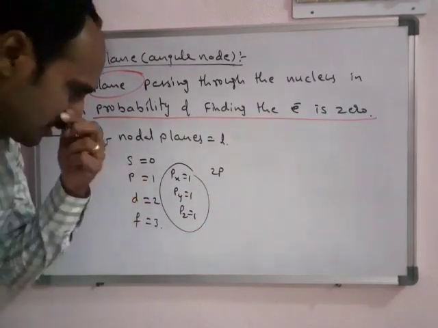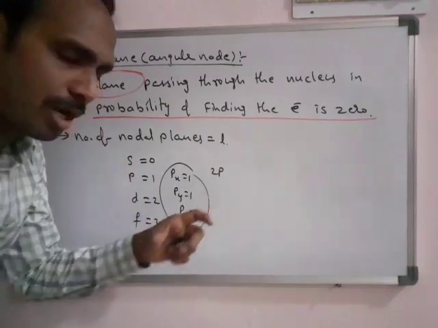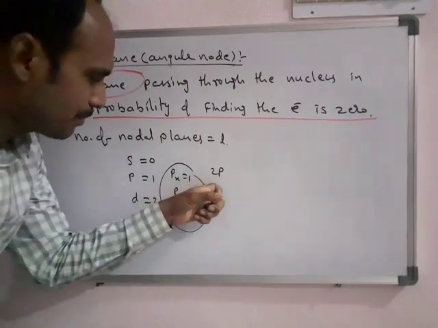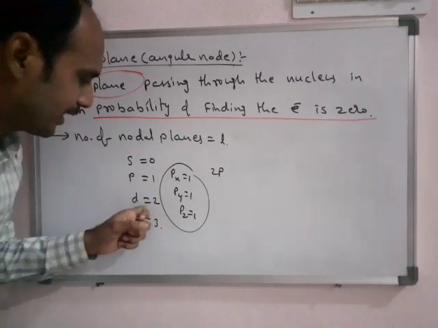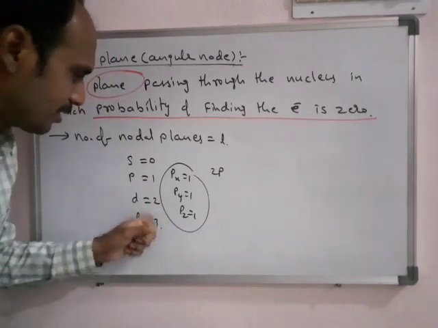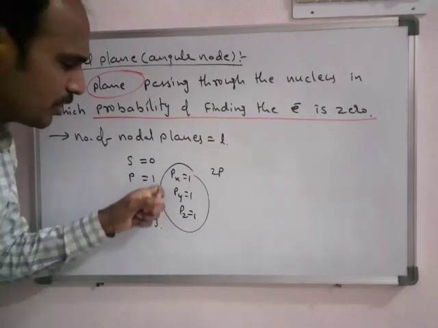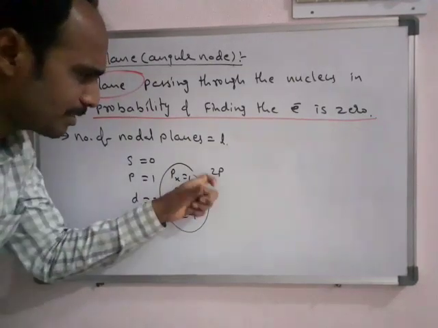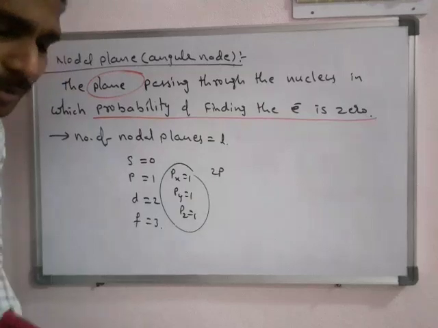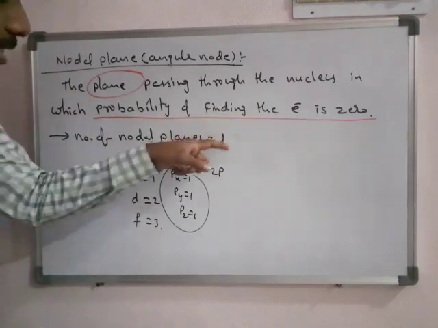Just for 2p, in general, they ask for a subshell or orbital. So for p orbitals it is 1, for d orbital it is 2, for f orbital it is 3, for s orbital it is 0. For individual px, py, pz we simply write p orbital. So that is equal to l.